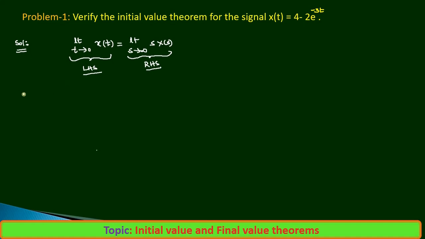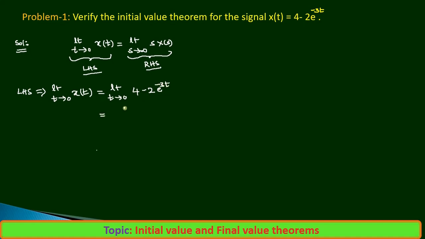So we'll find LHS first. LHS equals limit t tends to 0 of x(t). The signal x(t) is given as 4 minus 2 e^(-3t).